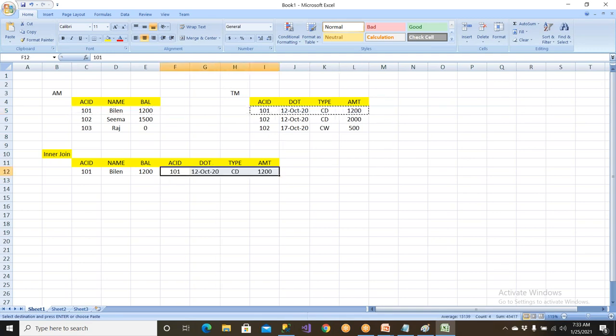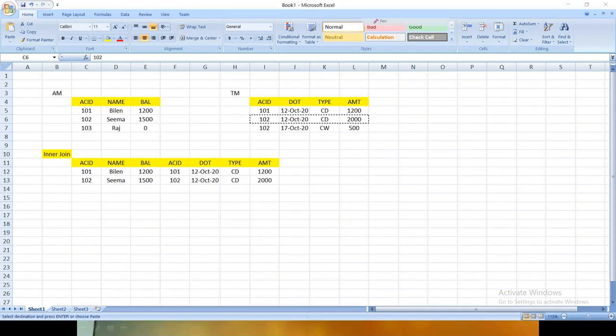Am I clear? Now 102 will come here. For 102, this is the matching row, right? Again for 102, observe, this 102 is mapped with this 102 and this 102. So this record will get repeated.